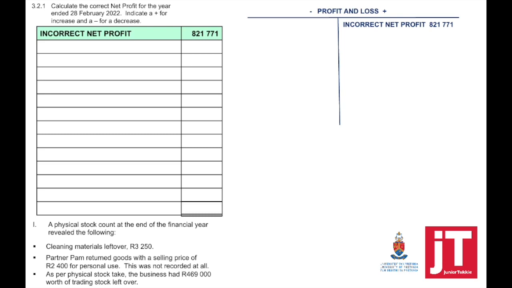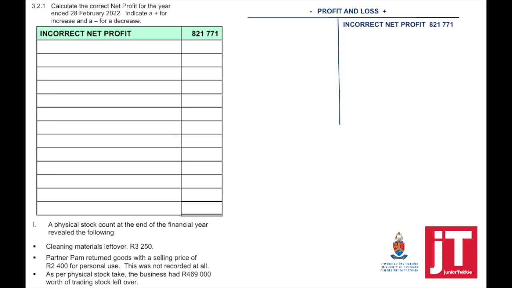Starting now with the cleaning materials left over. Whatever is left over must be subtracted from our expense account, and that will be taken to consumables on hand. Reminder, they've asked you to complete the asset section of the statement of financial position, so that consumables on hand will be added to the inventories.